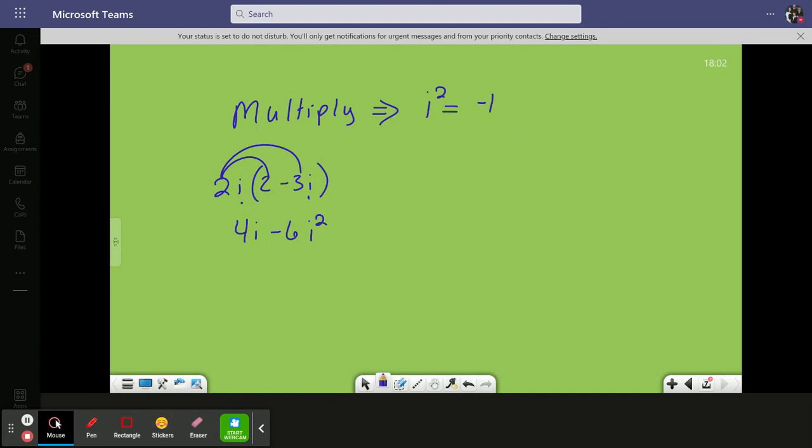That i squared is negative 1, so I have 4i minus 6 times negative 1. Well, that ends up being positive 6. So I have 4i plus 6. And I'm going to rewrite it in a plus bi form.